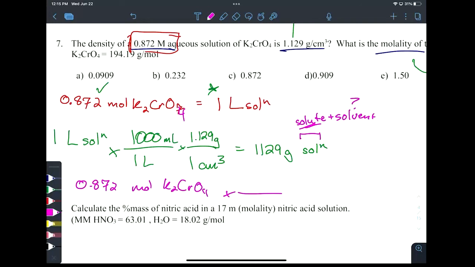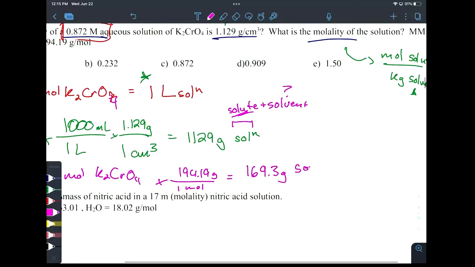How do I get the mass of my solute? Molar mass, which I give you because I'm super nice. So 1 mole is 194.19 grams, so this many moles of that potassium chromate is 169.3 grams. That's of my solute.